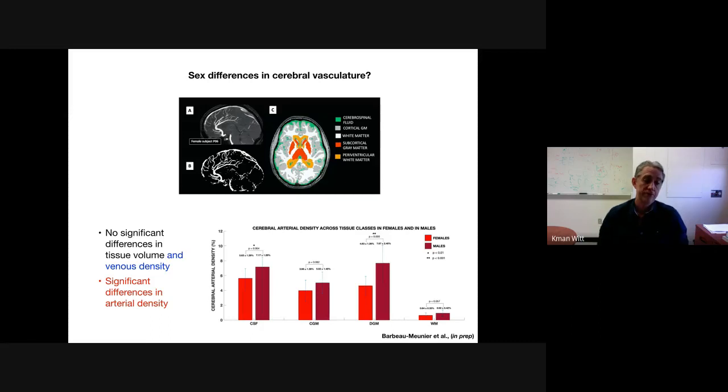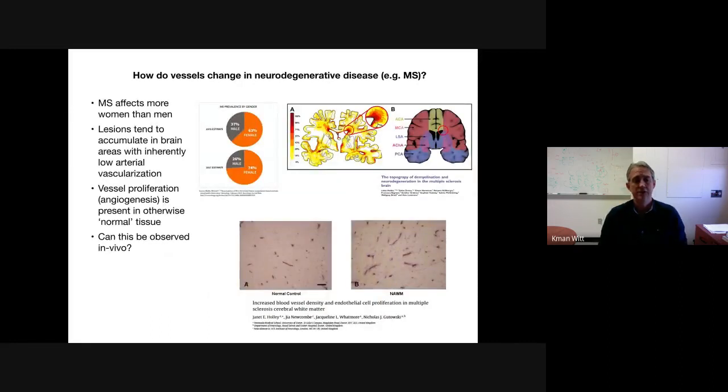So this is important because when we move on to studying, for example, a disease like multiple sclerosis, where we know there's a strong bias towards females, it's going to be important to keep this into account when we look at our controls.